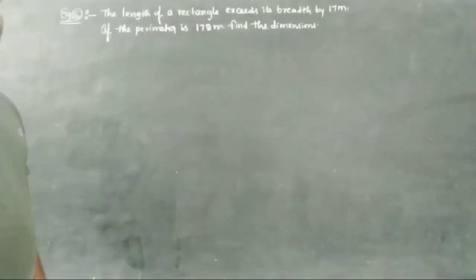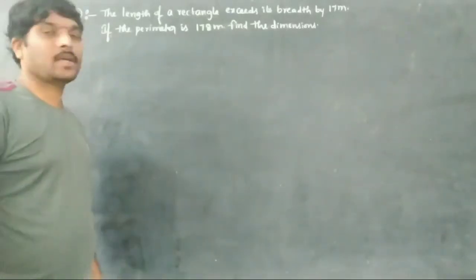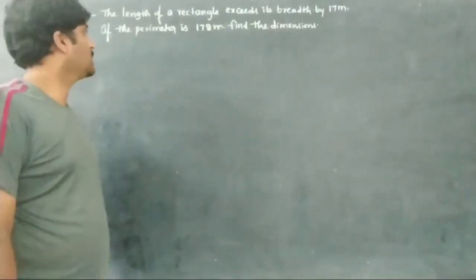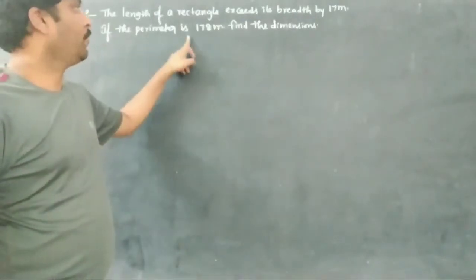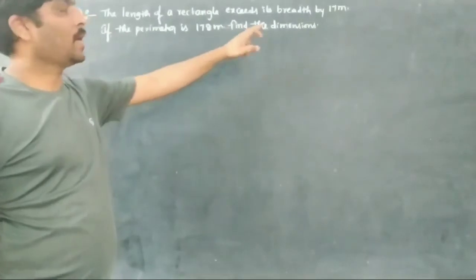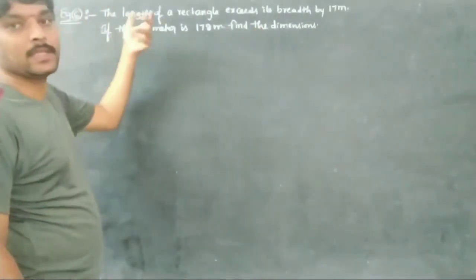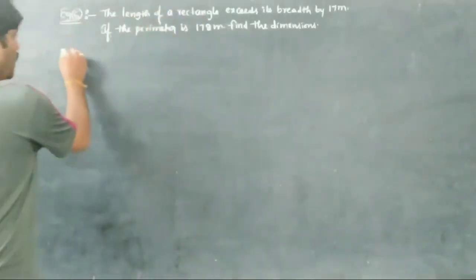Let us see example number 6. The length of a rectangle exceeds its breadth by 17 meters. If the perimeter of the rectangle is 178 meters, find the dimensions. Okay, the length depends on its breadth.